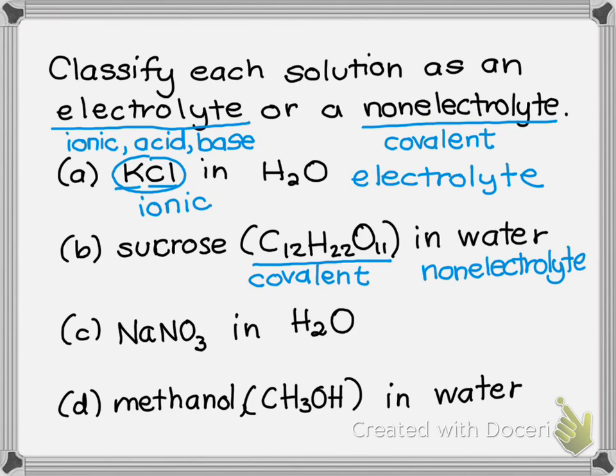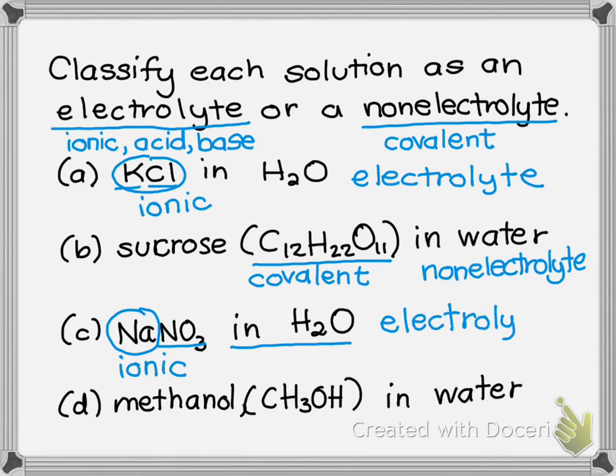Now sodium nitrate, so here's a metal, sodium, and nonmetals, that makes this ionic. When you take an ionic substance and you dissolve it in water, it forms ions, and that makes that solution an electrolyte. So it would conduct electricity.